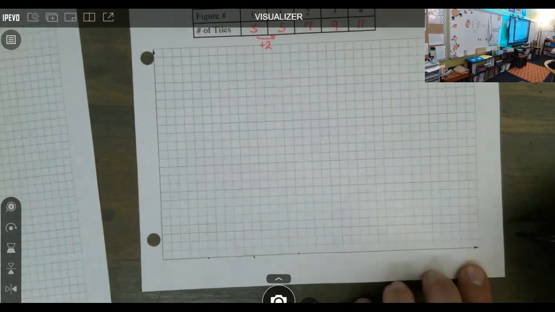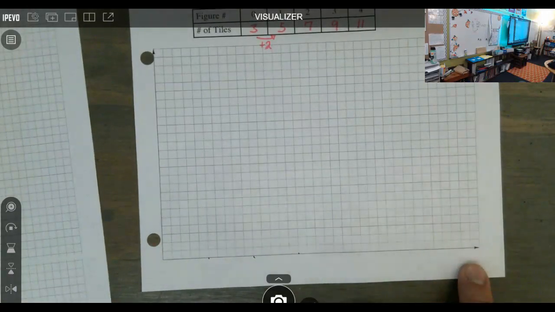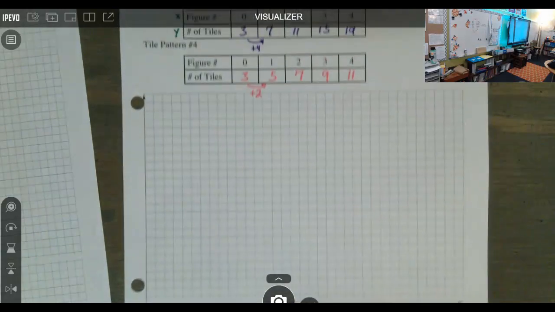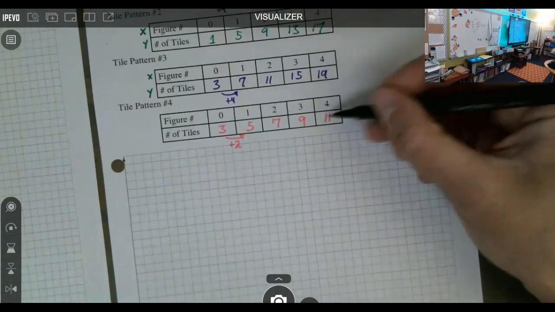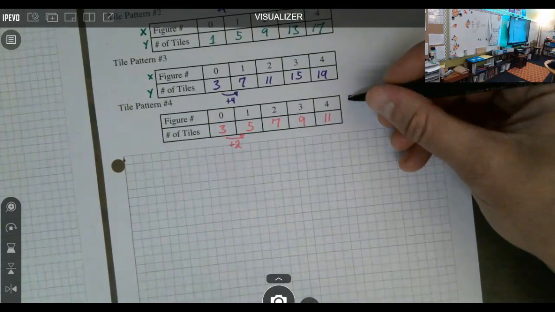So 35 squares. If we want to get to 5 at least, because we're going to go to the next one, right?